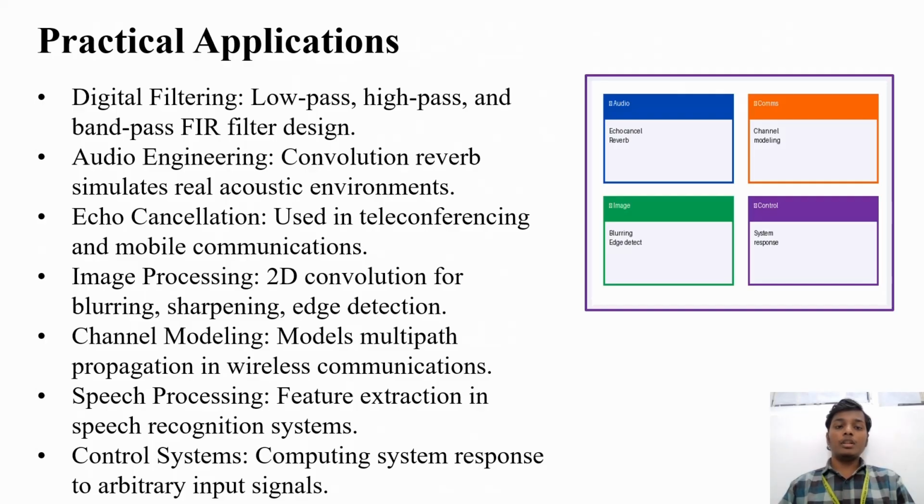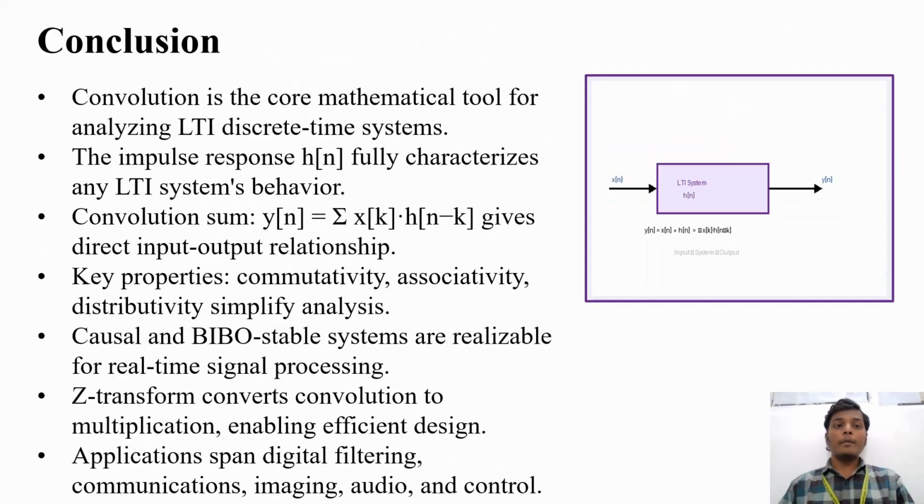Image processing, such as 2D convolution, for blurring, sharpening and edge detection. Channel modeling models multipath propagation in wireless communications. Speech processing, feature extraction in speech recognition systems. Control systems, computing system response to arbitrary input signals.